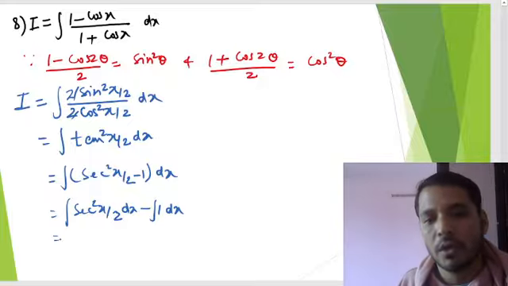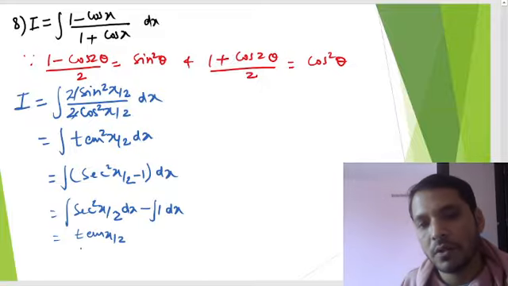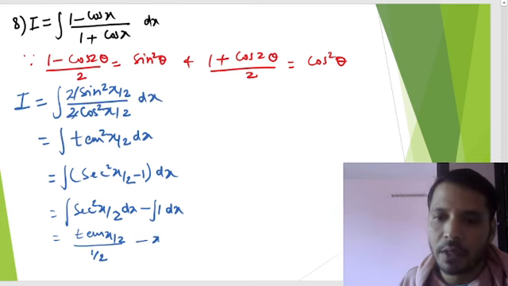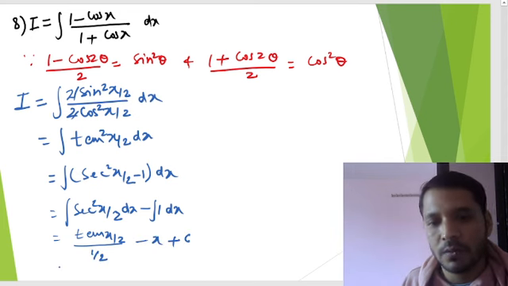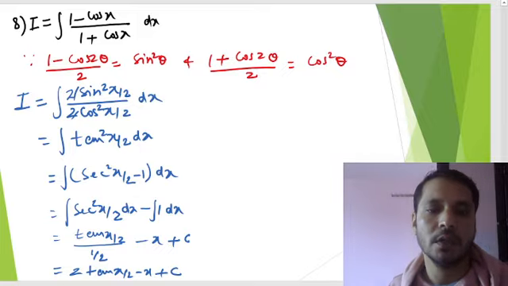Now the integration of secant square is tan. So tan x by 2, but the coefficient of x here is 1 by 2, so it will come as 1 by 2 here, and then minus x plus c. Means we can say it is 2 times tan x by 2 minus x plus c is the answer.